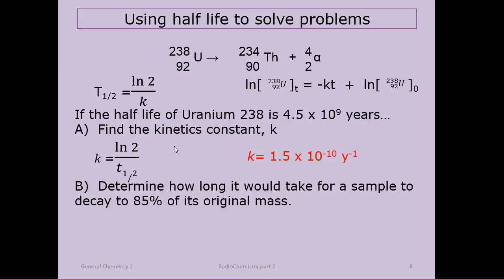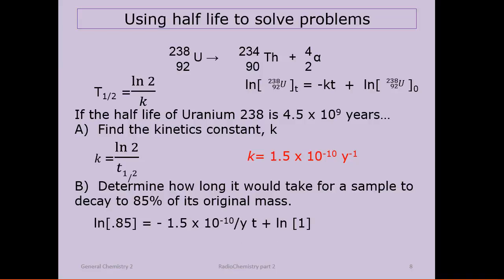So here's another problem. If the half-life of uranium-238 is 4.5 times 10 to the 9 years, again the same constant, find the kinetics constant, which we've already learned how to do. Now, determine how long it would take for a sample to decay to 85% of its original mass. This is a very common problem. Obviously this is not the half-life, but if you were to work on going to 85%, I would recommend sticking with your integrated first order equation.